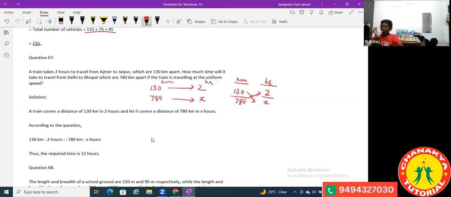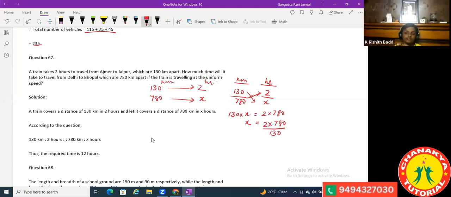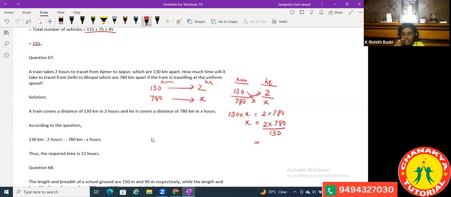So now you cross multiply it and you can find this becomes 130 into x and this becomes 2 into 780. From here, you can find the value of x. Yeah, ma'am. So 130 is multiplying here, then it goes on the other side of the equal to sign, it becomes division. Okay, like this. And we can cancel 2 and 130.